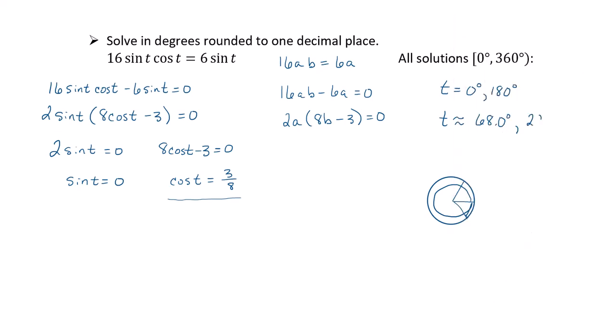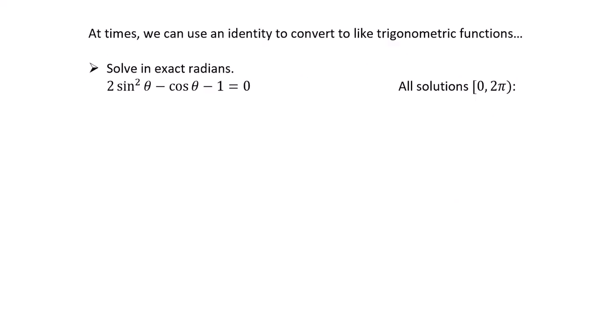So 292.0 degrees for our other approximate angle. And that will be all of the solutions within 0 to 360 degrees. 2 of them are exact and 2 of them are rounded off.